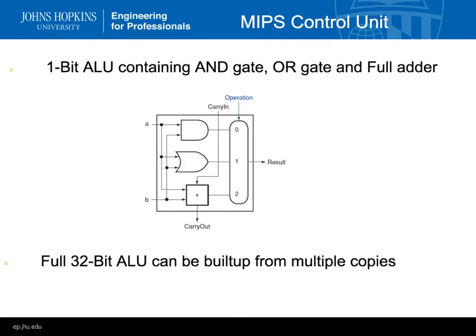So here's our unit now that has AND, OR and an adder. We have two inputs and a carry in. This is a 1-bit result. So 2 bits get put in, and if it's 32 bits, there's going to be 32 of these units. And the operation, if it's 0, it's AND. If it's 1, it's OR.